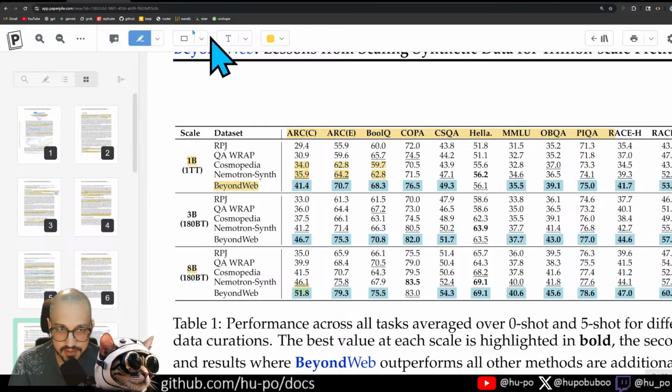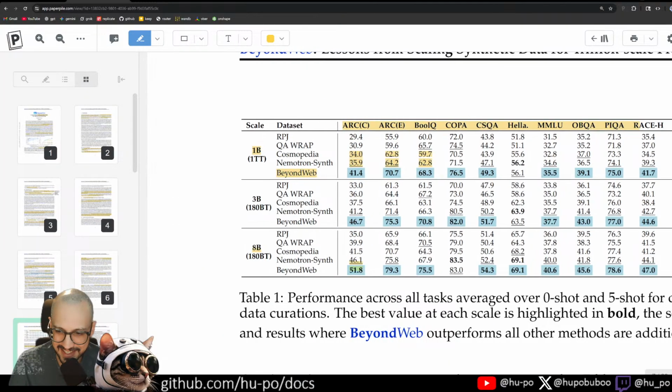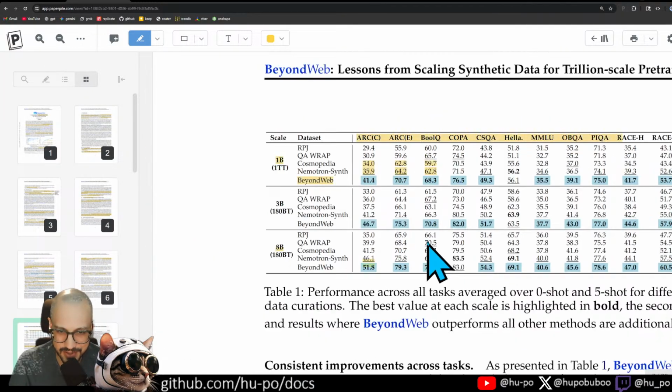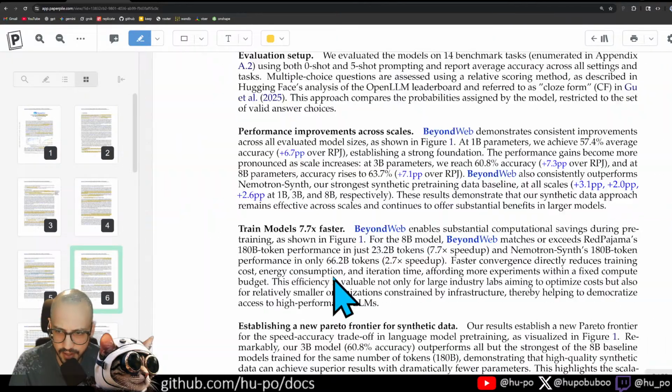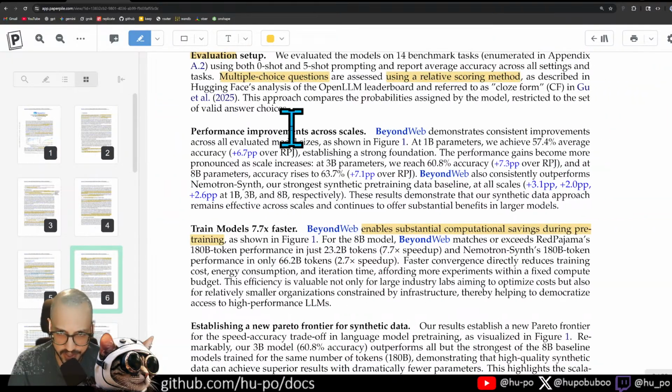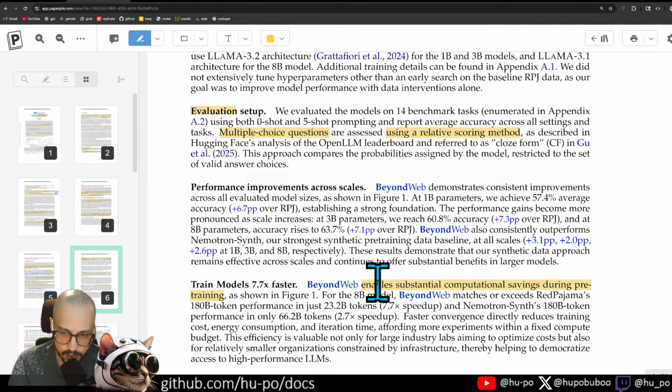Again, take that however you want, you can read into it in whatever direction you want. But a big part of the story here is that Beyond Web enables substantial computational savings during pre-training.